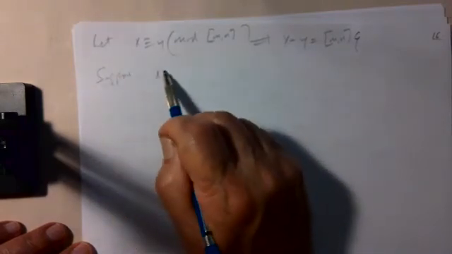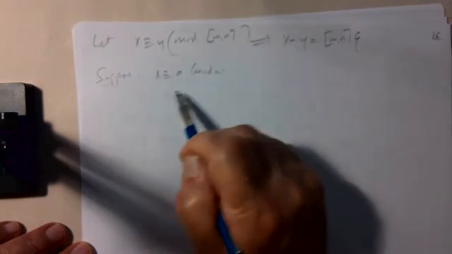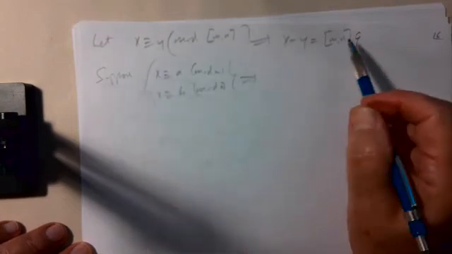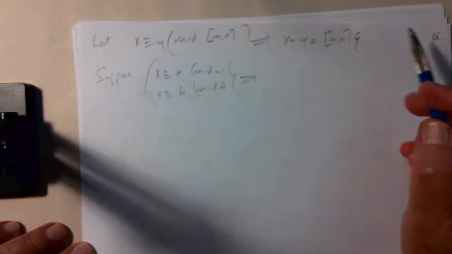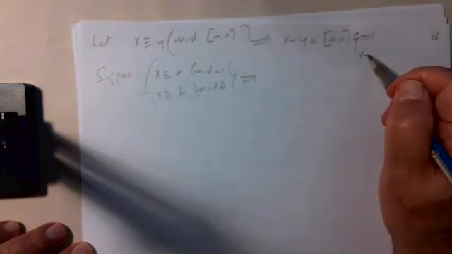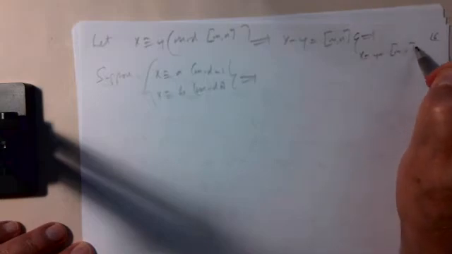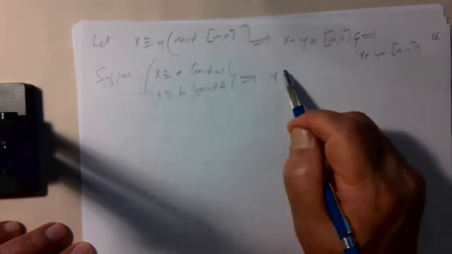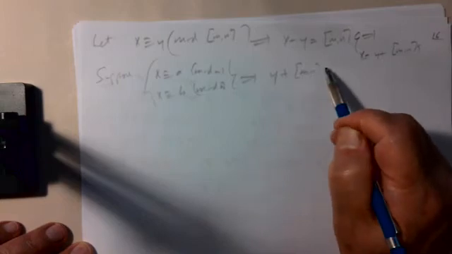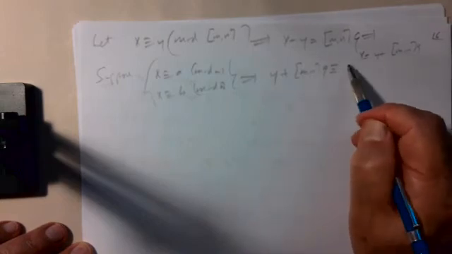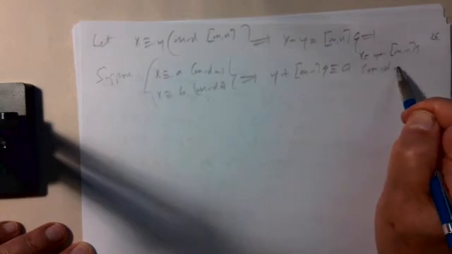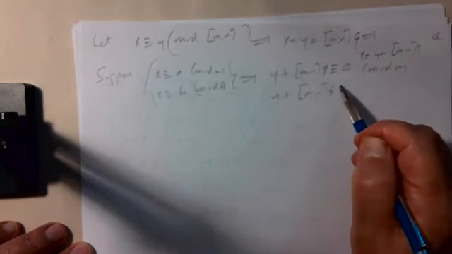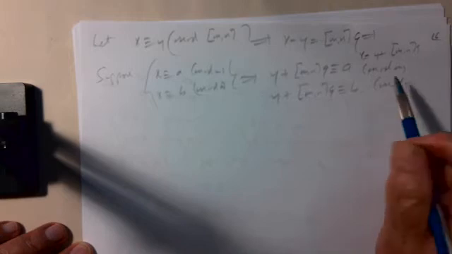So suppose x is congruent to a mod m, and also x is congruent to b mod n. But x is equal to y plus this least common multiple times q. So I can replace x by this: y plus the least common multiple of m and n times q is congruent to a mod m, and y plus this least common multiple times q is congruent to b mod n.